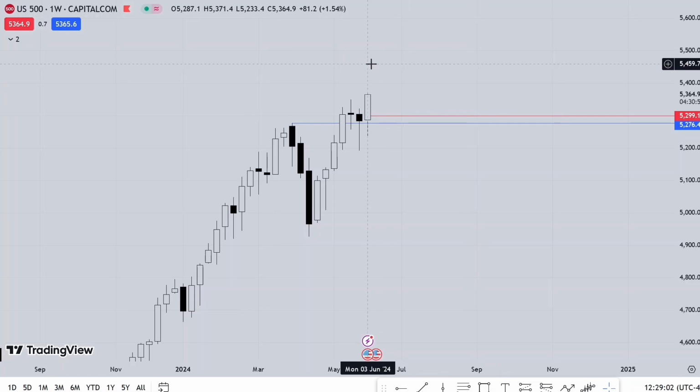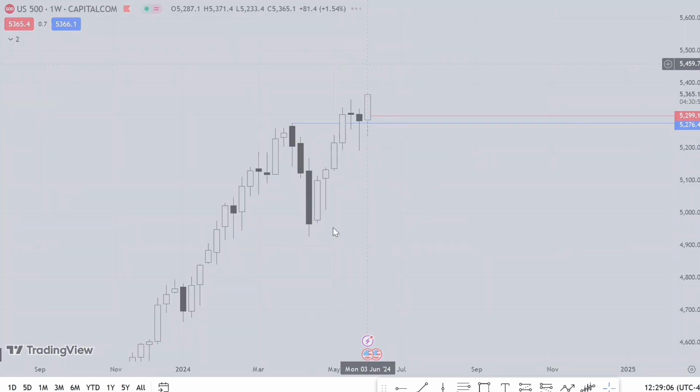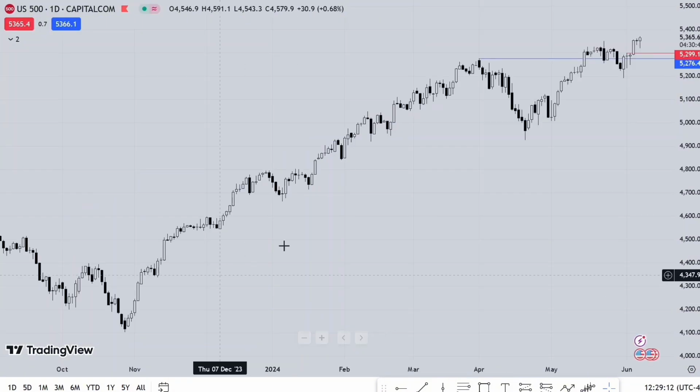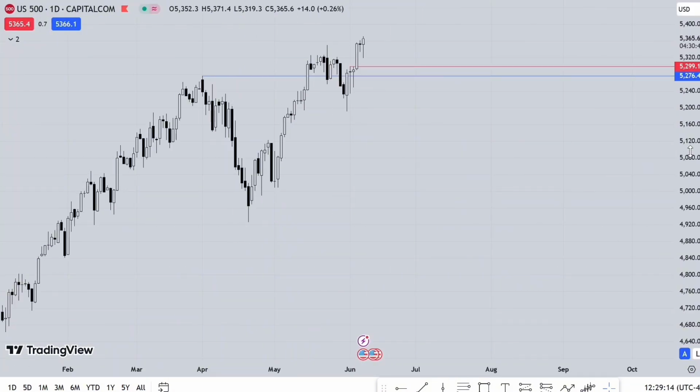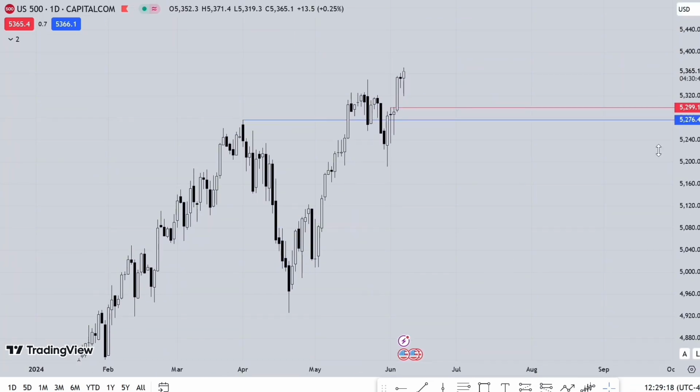So let's go to the daily to get this clearer. So as you can see, when we had this rally higher, the buyers from here will take out their buy positions, their buy orders.